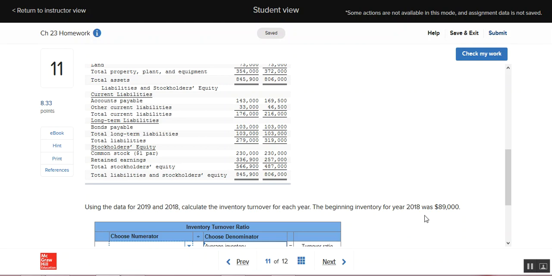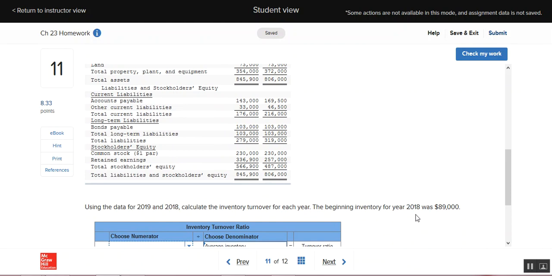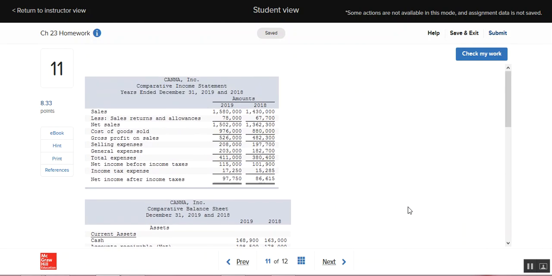And we have a beginning inventory that says for the year 2018. So the beginning inventory for the year 2018 is actually some extra information you need that's not included in here.